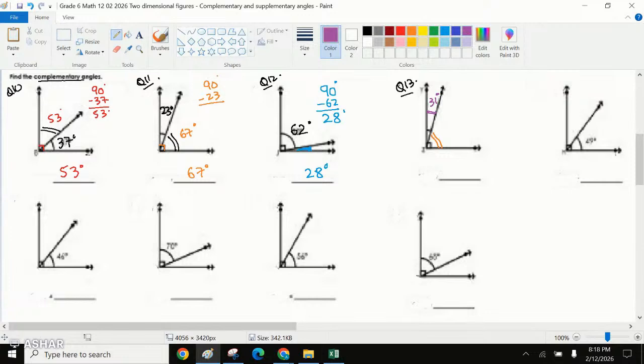To find the complementary, we know that 90 minus 31. 90 minus 30 is 60, and 60 minus 1 would be 59. So we can say that the complementary angle of 31 is always 59. Agreed?